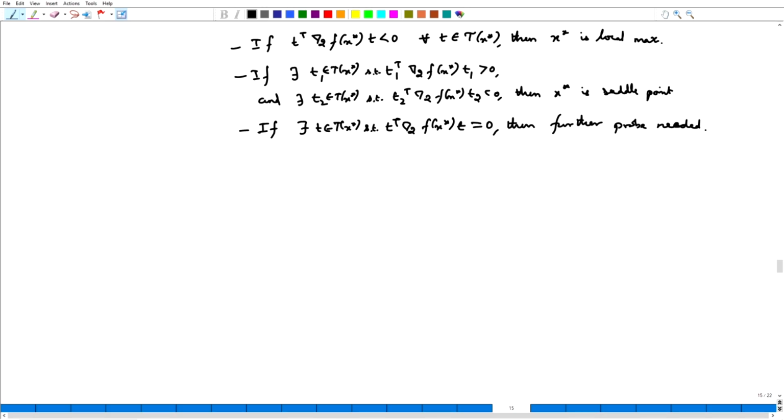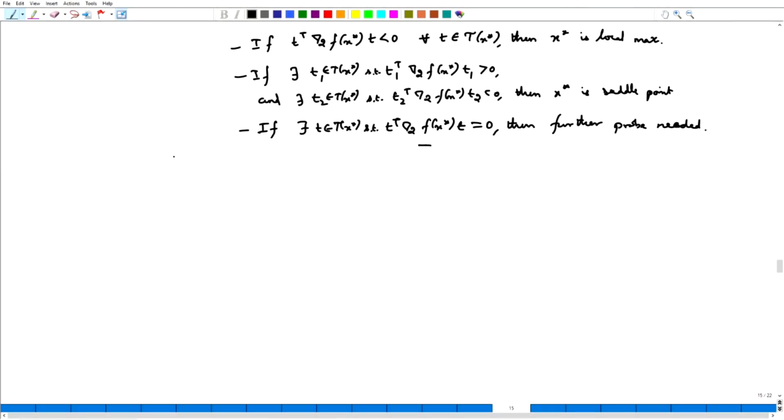And if you have one t in T of x star for which t transpose del 2 f of x star t is equal to 0, then further probe will be needed. These are harder conditions to verify, but I am giving this for completeness of analysis.